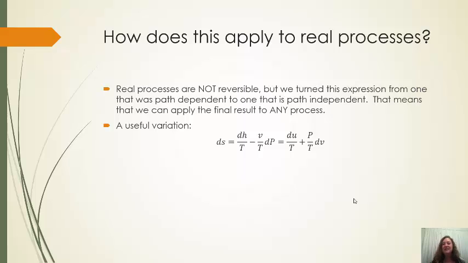And so this is something that I can apply to any process, whether it's real or reversible. Now if I take this and solve it for ds, because again our focus in this lesson is how to calculate entropy changes, the change in entropy is dh over T minus v over T times dp, or du over T plus p over T dv.